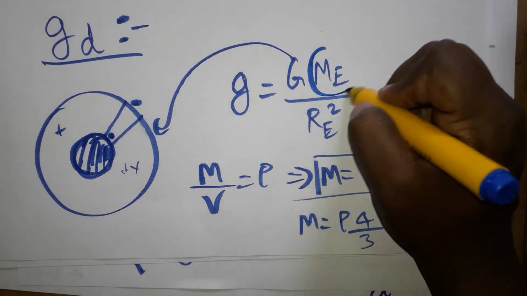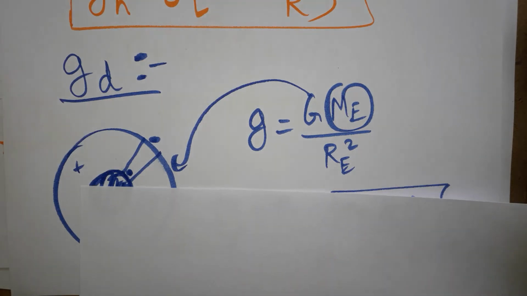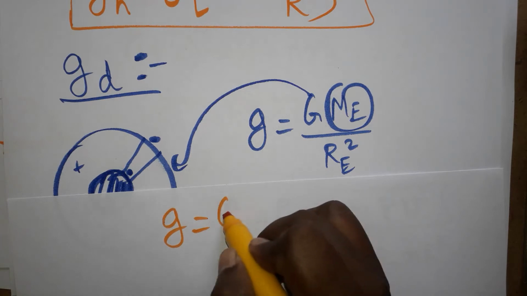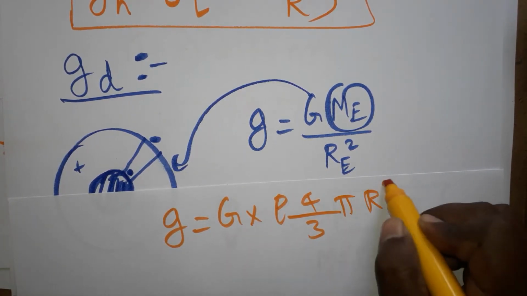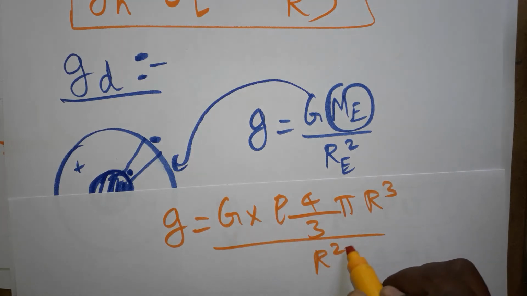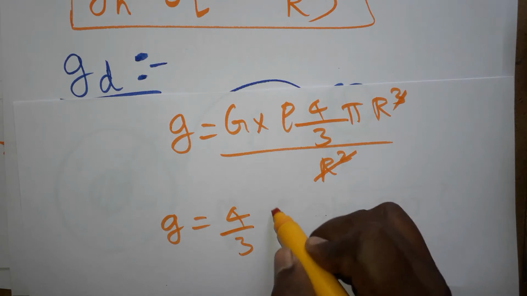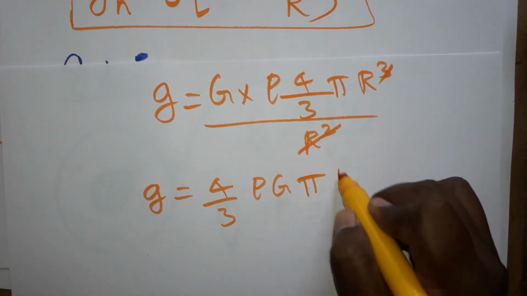So instead of writing the mass of the earth, you can write density times 4 by 3 pi r cube. See here, small g is equal to capital G times density times 4 by 3 pi r cube divided by r square. This gets cancelled, so g is equal to 4 by 3 density, universal gravitation constant, pi r.